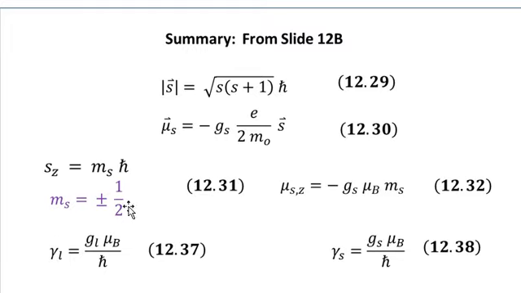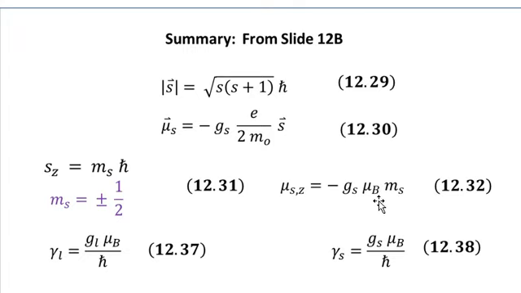Now, if you take the z component of the spin magnetic moment, you need to take the z component on both sides. So, in equation number 32, I have mu sz written on the left hand side and it is equal to minus gs into mu b into ms, where ms is the spin magnetic quantum number.